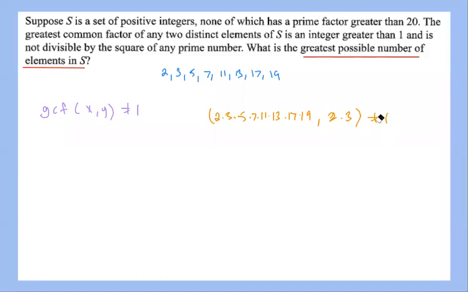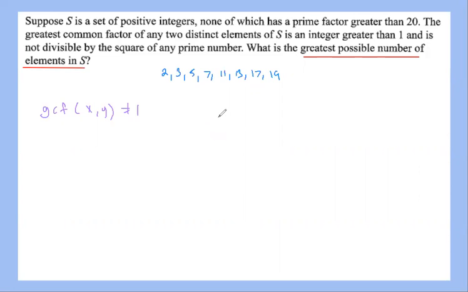Or you can have something like this. You can have only one of them, like 2 right here and all the numbers right here. So what we want to do is achieve this in a lot of different ways. We can take all 8 numbers, or maybe I can take 7 of those prime numbers instead of 8. What is that supposed to look like?